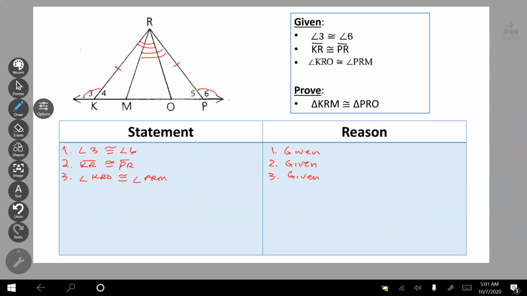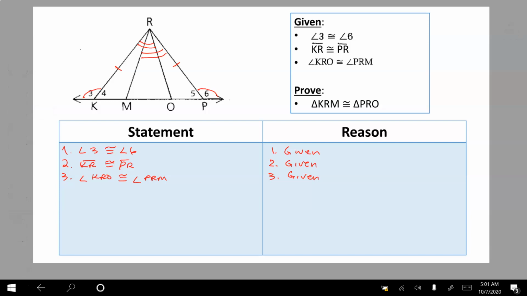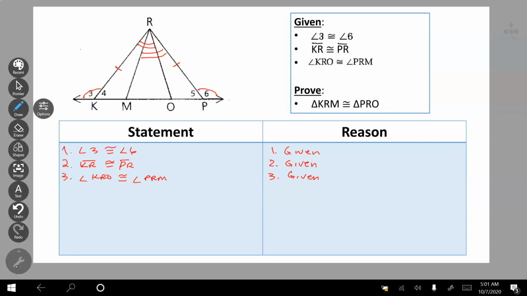Okay, so for this one, everything that I marked in red is given, and I put it into my little proof as given. Now I'm going to make some statements. And the idea is, how do I transition to get this triangle, KRM, which is a skinny triangle over here, is congruent to PRO, this skinny little triangle over here.